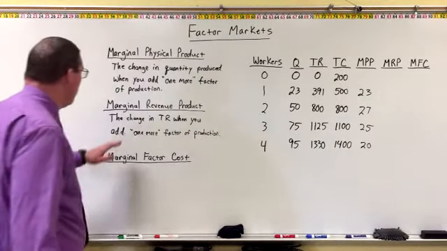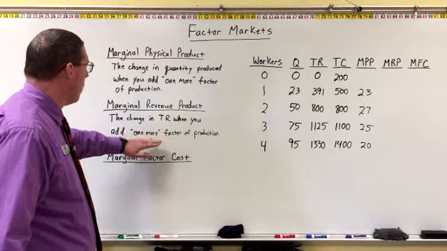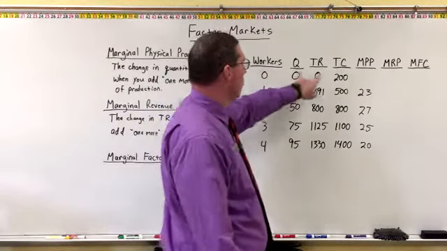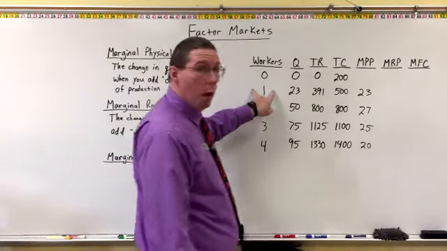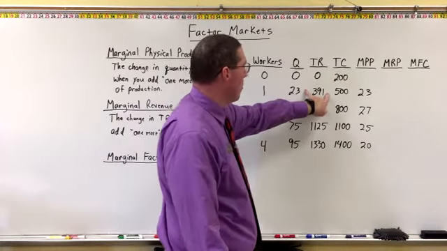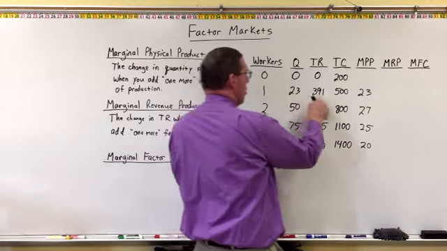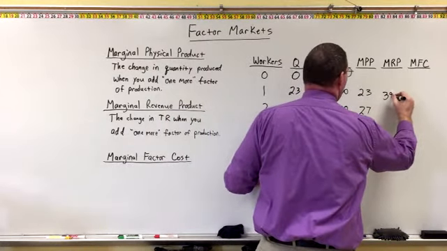Okay? So, how much is total revenue changing when you add one more factor of production? Well, at 0 workers, your total revenue is 0, and then when you add 1 worker, your total revenue goes up by 391. So the marginal revenue product of the first worker is 391.